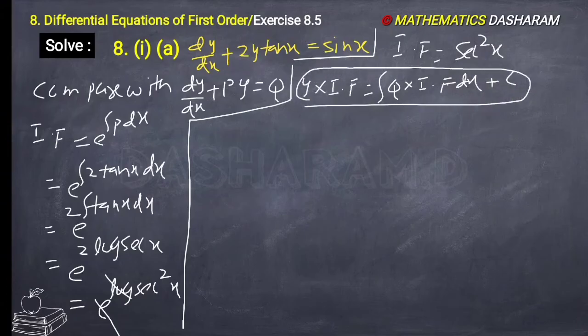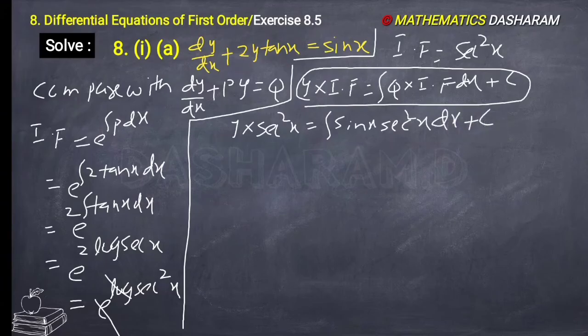So then y into integrating factor, secant square x, equals to q value, that is sin x, and integrating factor is secant square x, dx plus c. So it is equals to integration sin x into secant square x, can write as 1 by cos square x dx plus c.